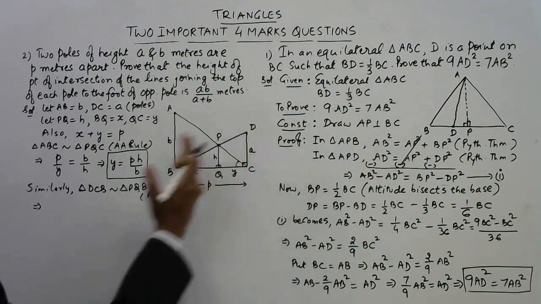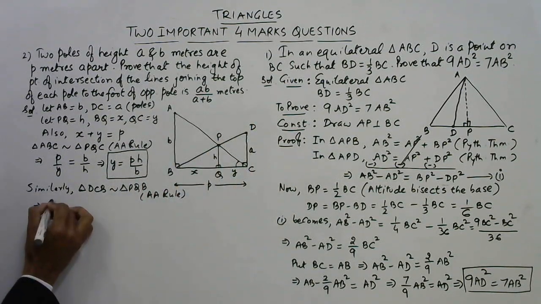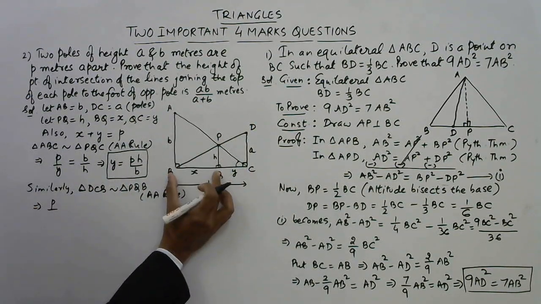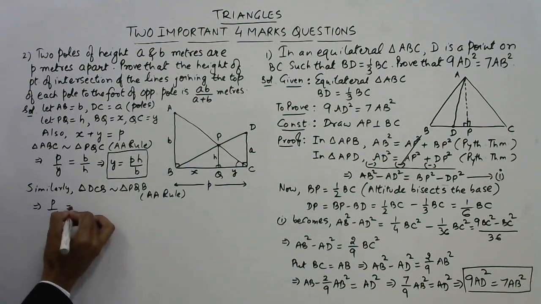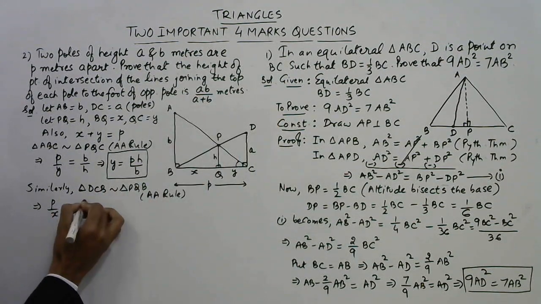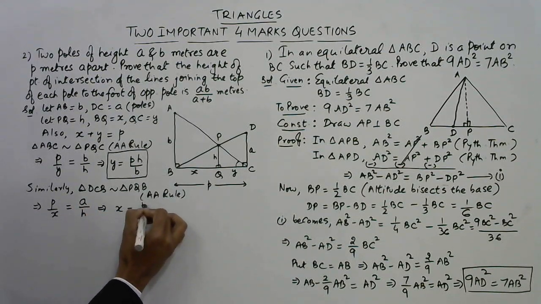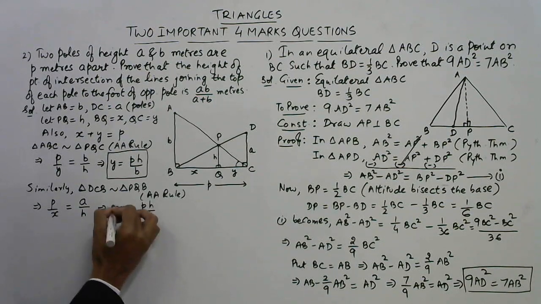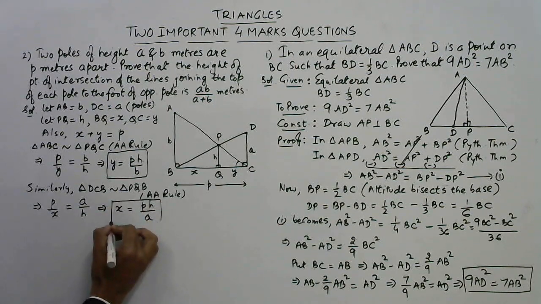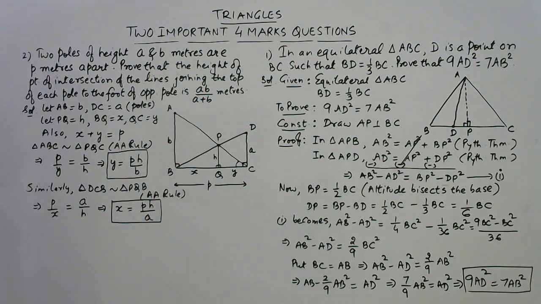From this side, the big triangle, the base is P. And here the base is X. Here the height is A. And here the height is H. And from here, you get the value of X as PH upon A. Now this is the second part which we required.